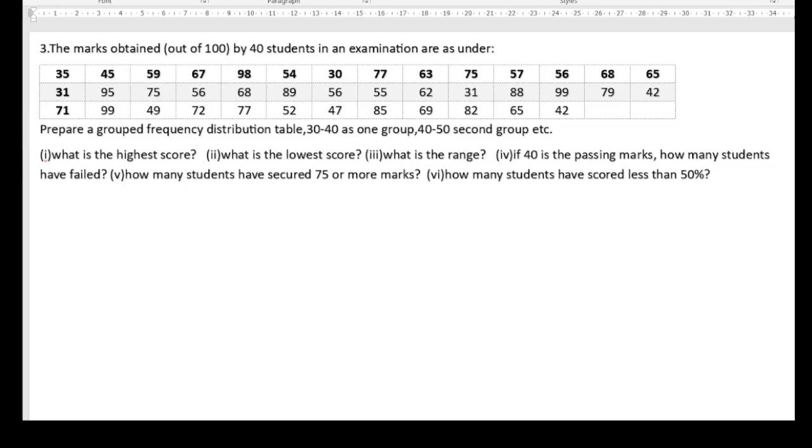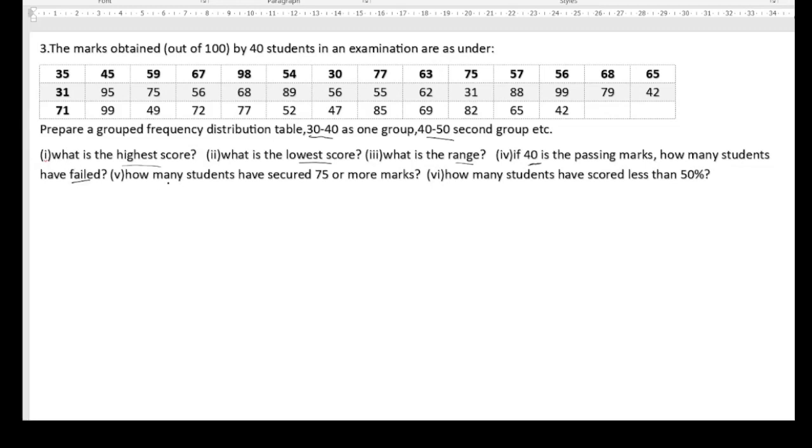We need to prepare a grouped frequency distribution table, and this is the first class. 40 to 50 is the second group, or you can say second class interval. We also need to find the highest score, lowest score, range, and if 40 is the passing marks, how many students have failed.